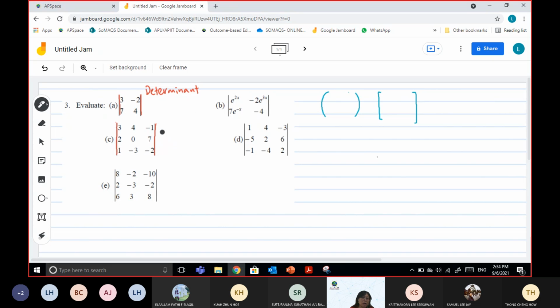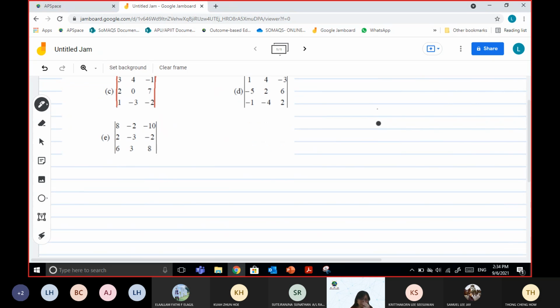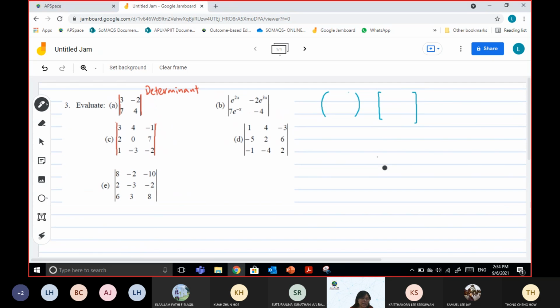I think the first one should be very simple. Just a recap: when it comes to the determinant for 2 by 2, when we want to calculate the value, remember, we multiply in this direction. So I put a cross. Then you need to subtract.